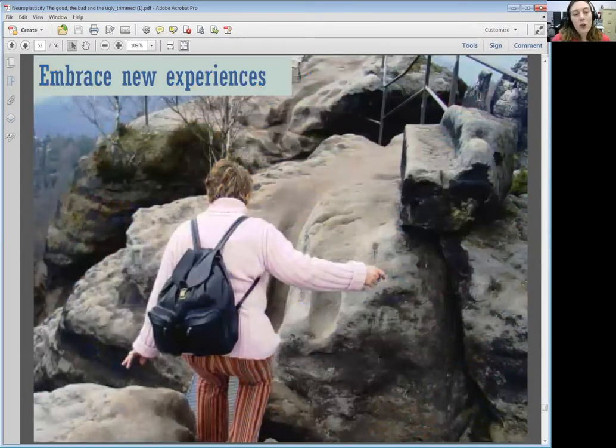It's also important to embrace new experiences. The older we get, the more experience we have in doing things in a certain way. Therefore, it can be really good to mix things up a little bit, embrace new ways of doing things so we can forge new pathways.